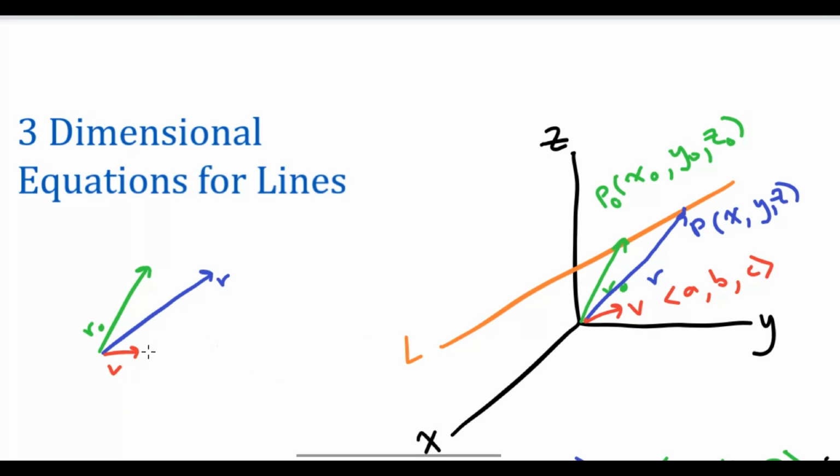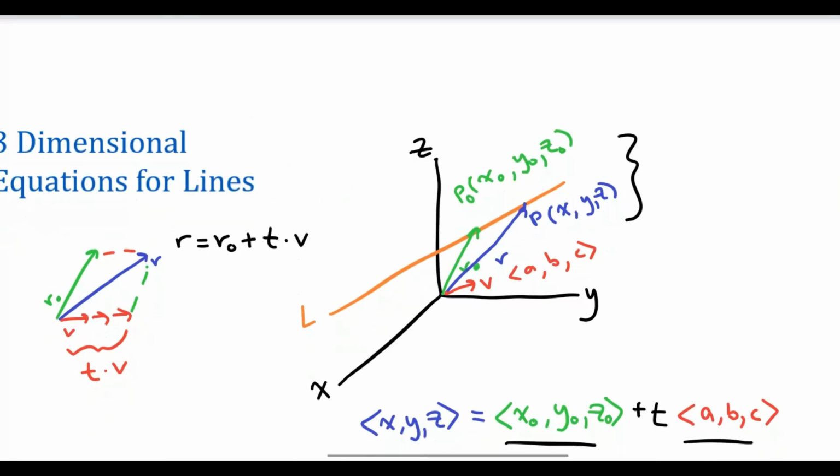And we can see that if we multiply v by some constant t, we can form the parallelogram and have r as the sum of r0 and v, or t times v really. We can represent this equation as r equals r0 plus t times v.